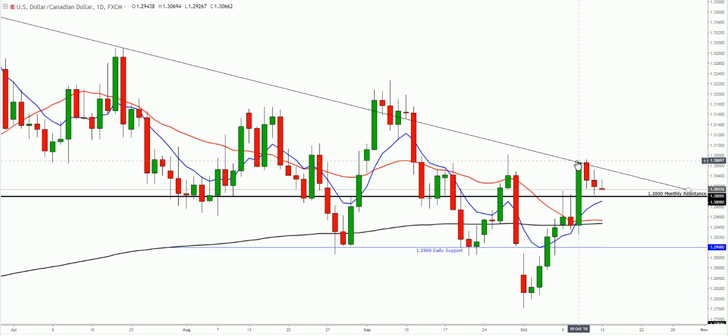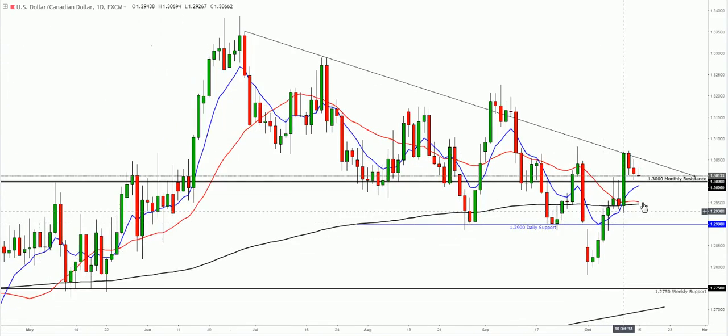Now, $100 a barrel isn't out of the question still. We are sat around $75 for the barrel at the moment, so there may still be room to the upside for oil, which would see this market driven lower.